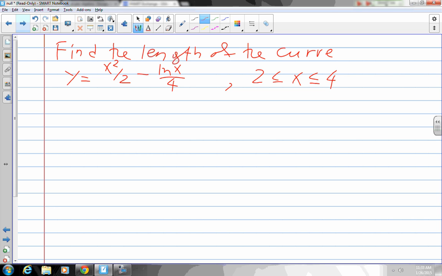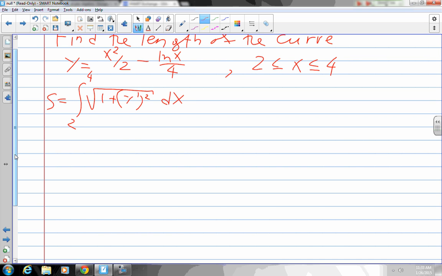I won't even bother sketching this. Who cares? It's not that important in this case, though in some cases it is, if there is some symmetry. Just remember the arc length: the integral in this case will be from 2 to 4 of the square root of 1 plus y prime squared dx.